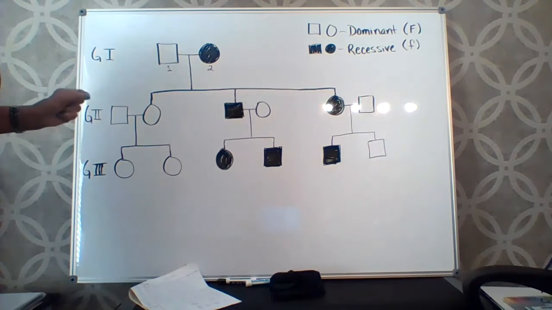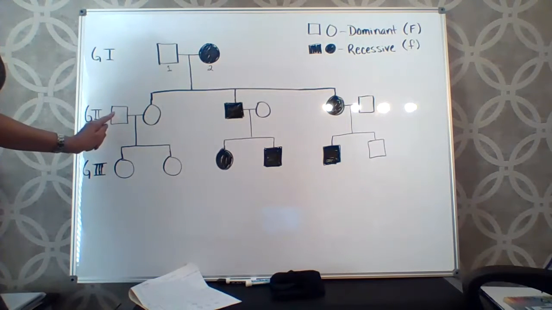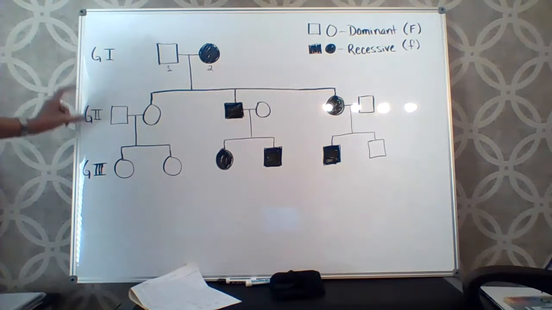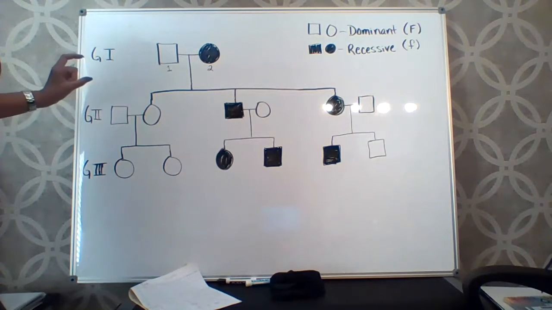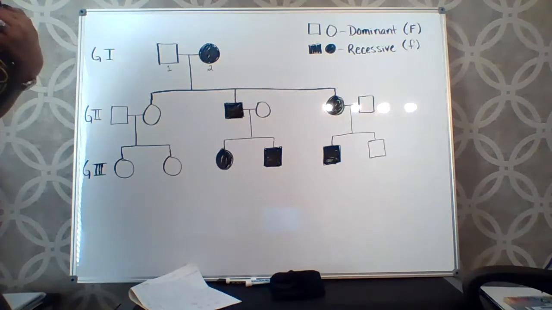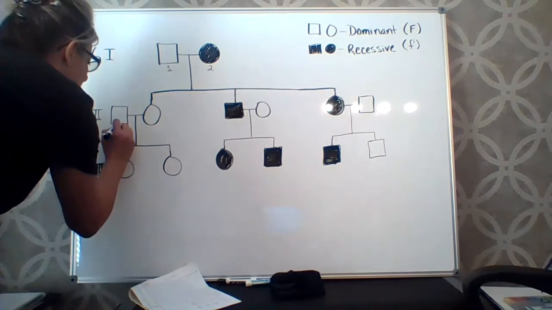Now, sometimes you will see pedigrees where they do 1 and 2, and then they start over here again with 1. Then you have to talk about generation 1, number 1, generation 2, number 2. I find it easier, as a lot of people do, to just number them from the top all the way through to the bottom. So that's what we're going to do today. So we have 1 and 2. So this gentleman here is going to be 3.